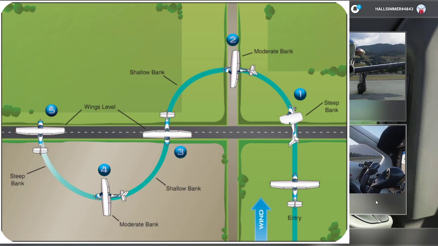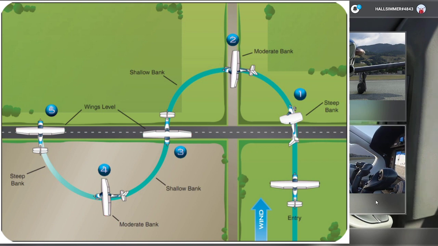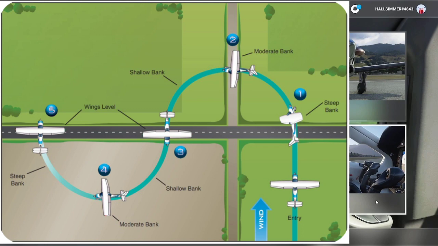And then you're going to start increasing your bank in position 4. Again, to compensate for the wind, to finally, as you start to come back into position 5, the wind's coming back from behind you again.